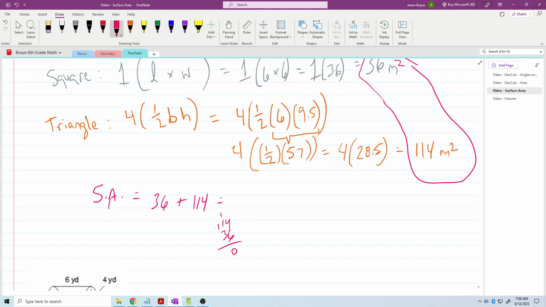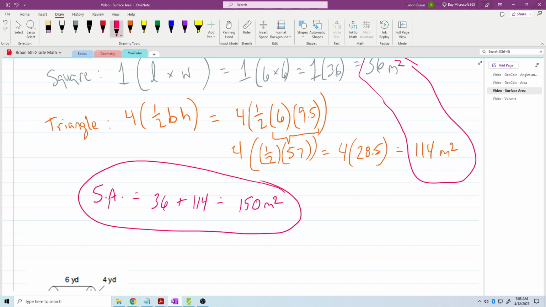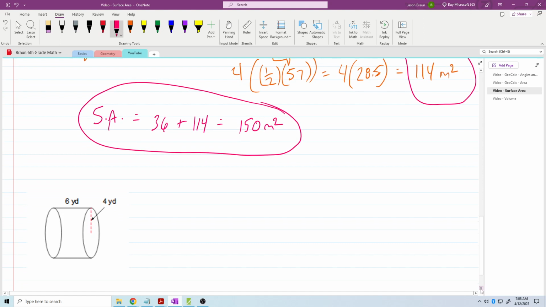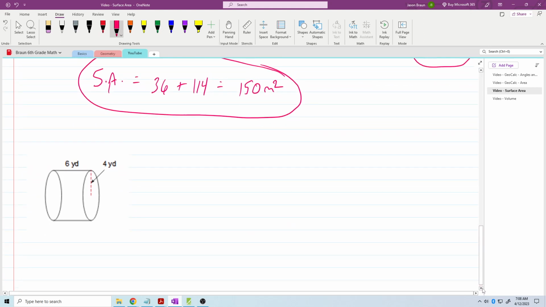Let's see, 150, there we go. Again, sometimes even I have to do scratch pad math. But it's 150 meters squared. Boom, that's your surface area. That is the answer to the problem. That was kind of fun, right? Not too bad. Again, the key: break it down into its component shapes.